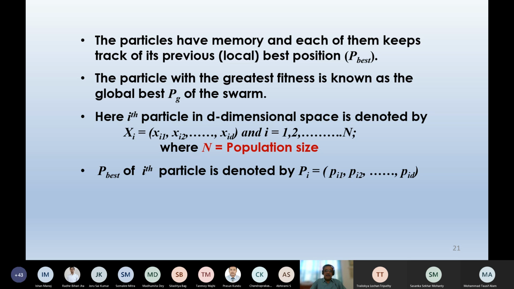Small d number of numerical values: xi1, xi2, up to xid. i varies from 1 up to capital N. Capital N is the swarm size or the population size. In PSO, we call it swarm size.